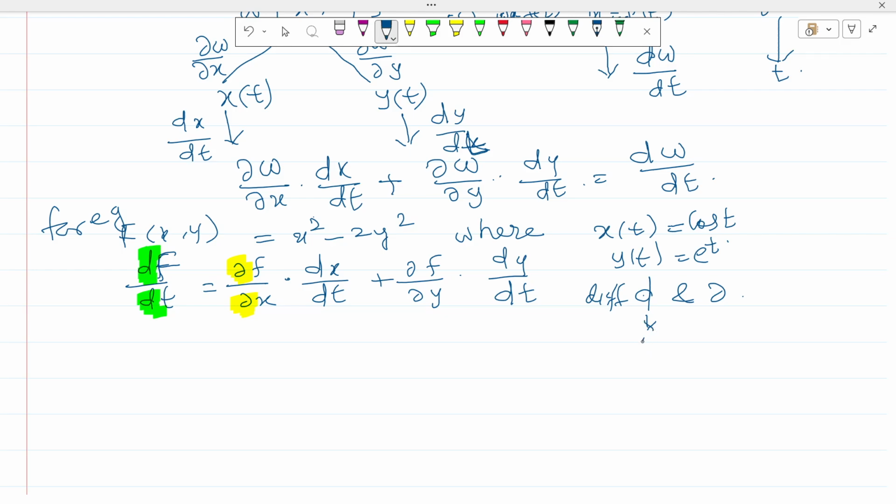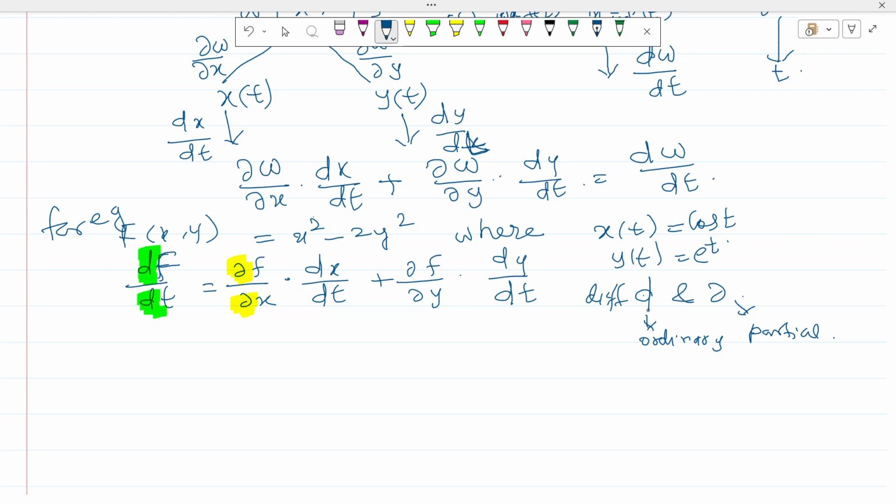D means ordinary differentiation, dou means partial differentiation. Only when the function is a function of two variables can we do the partial derivative, otherwise it is not possible.